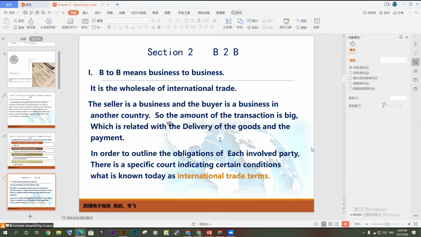And the most important of these issues are the delivery and the payment.